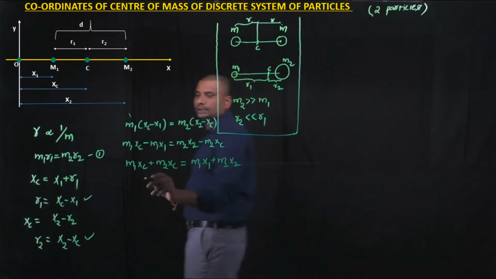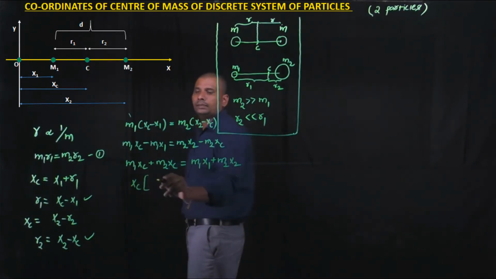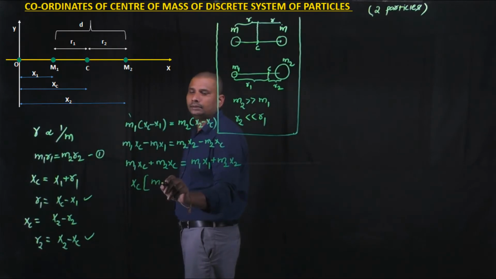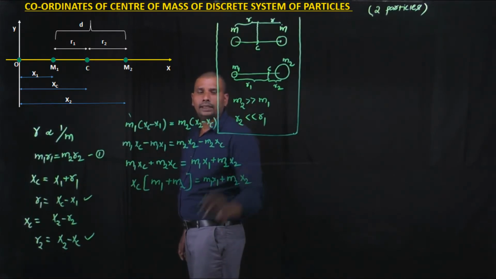In the LHS, the common term is xc. By taking xc common, it is xc times (m1 plus m2) is equal to m1 x1 plus m2 x2.